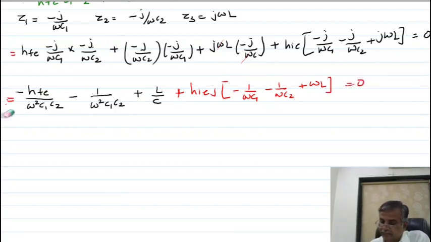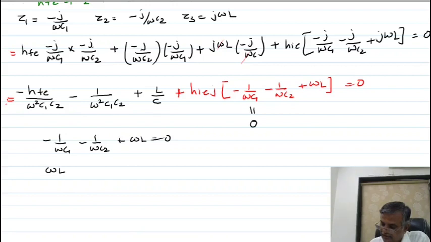Now, the imaginary part should be 0. So I would write this part should be 0. So I can write hie into j, which means you can directly do it. It is nothing but minus 1 upon omega C1 minus 1 upon omega C2 plus omega L is equal to 0.